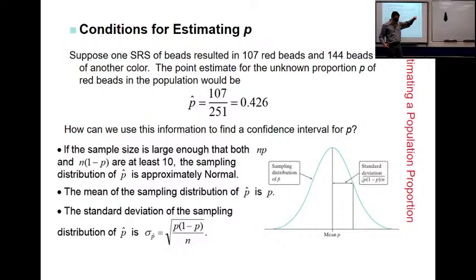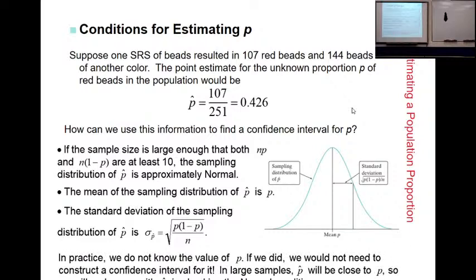Remember that standard deviation formula that we're using is going to end up being called the standard error. So this is saying what I said earlier. We don't actually know what P is, so we're going to use P hat in place of our actual proportions.